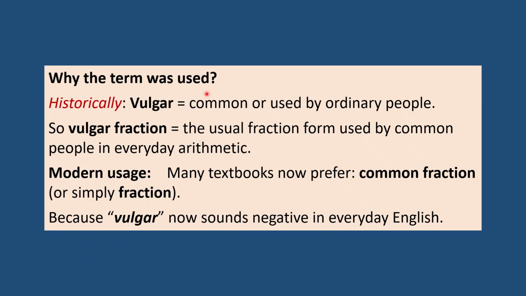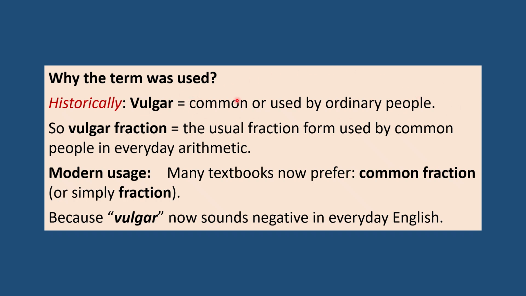Now we come to the main question, why the term vulgar was used. Vulgar, which means ugly, bad, indecent, why was it used? Historically, vulgar did not mean bad. Historically, vulgar means common or used by ordinary people. That was the original meaning of the word.